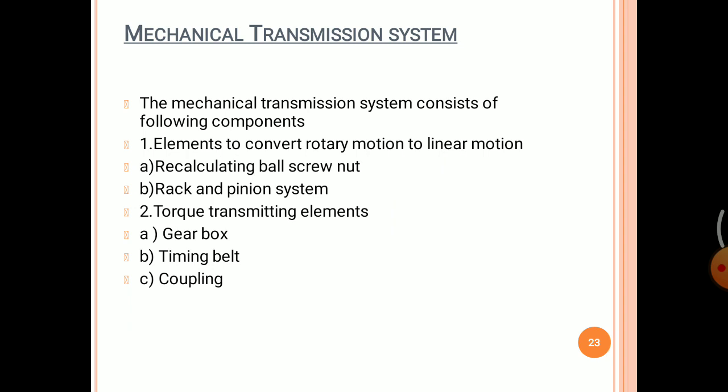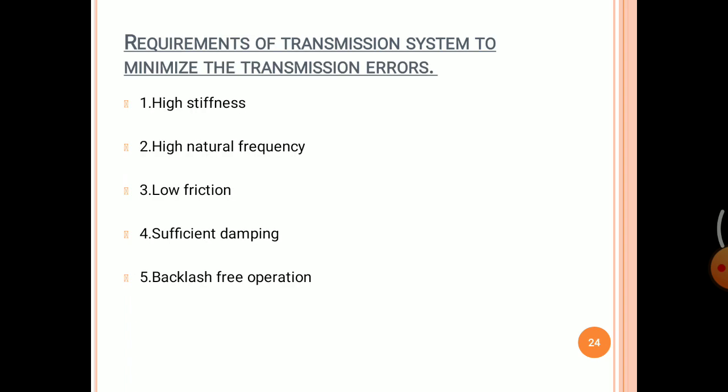As you know, the servo motor produces rotary motion, and that rotary motion we can convert into linear motion by using these elements. Similarly, torque transmitting elements are used to transmit the torque and power, using gearbox, timing belt, and coupling. So this is called the mechanical transmission system.